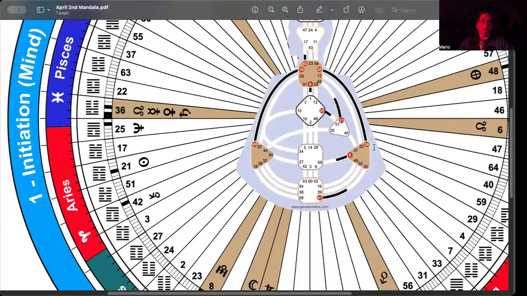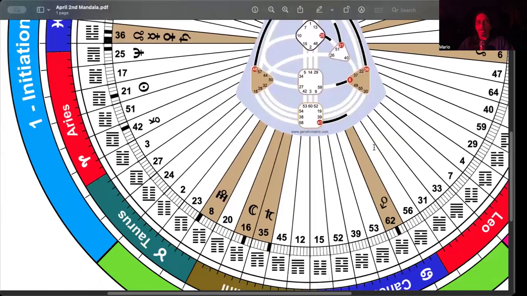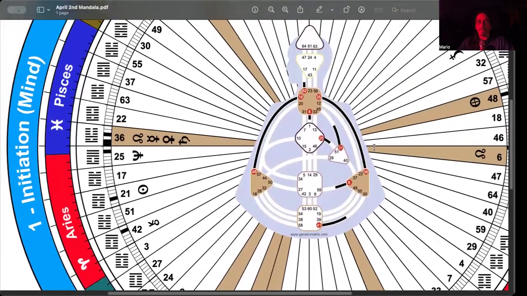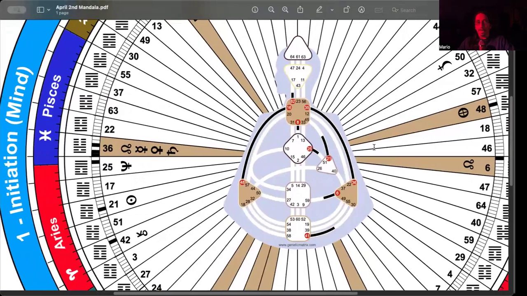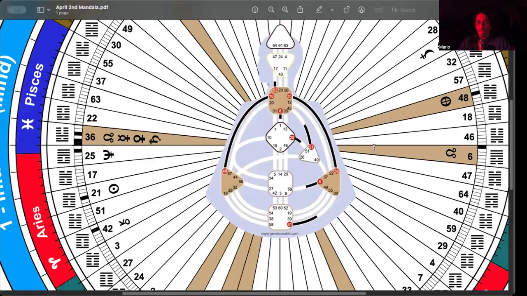And the 1st quarter is initiation, the mind, and that covers Pisces, part of Taurus, and Aries. So this is the human design mandala, and you could see in this graph, we have these centers and we have these gates, which create little, almost like half channels. And so they're colored in black in correspondence.